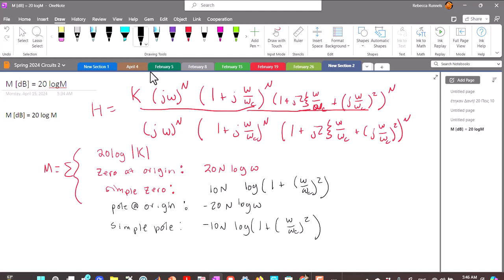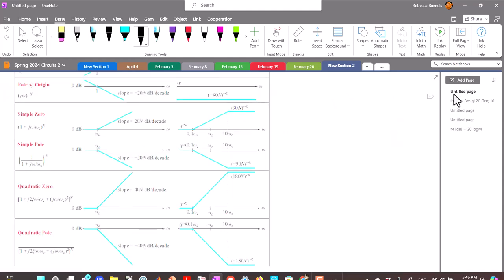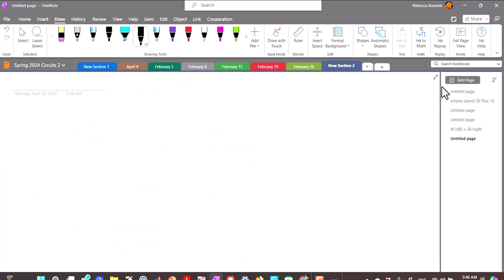So let's take a look at an example. Let's say that we had a voltage transfer function, so we've got a zero at the origin on top, and we have a simple pole on bottom.